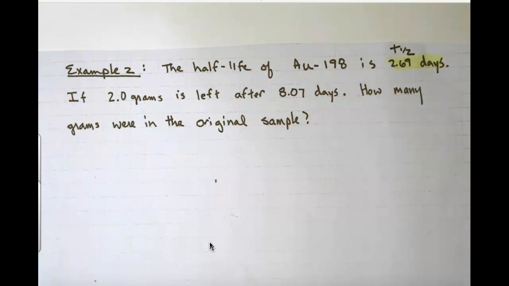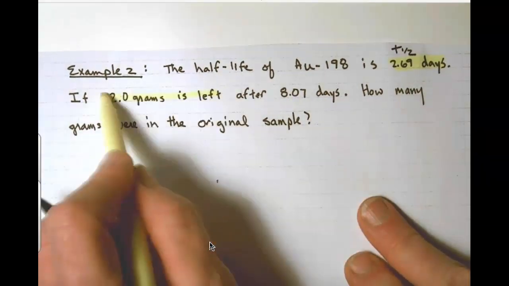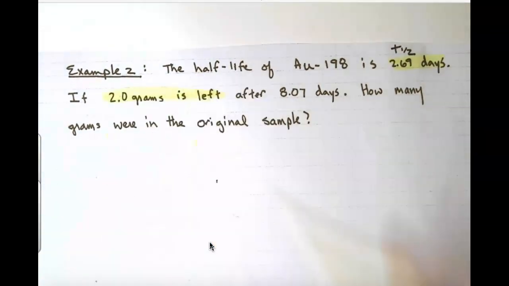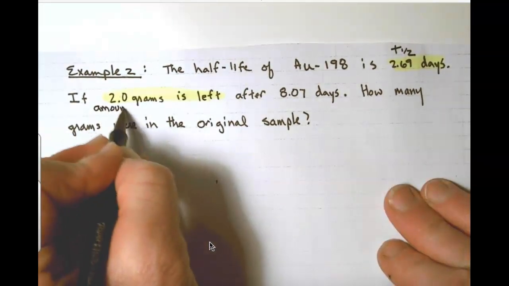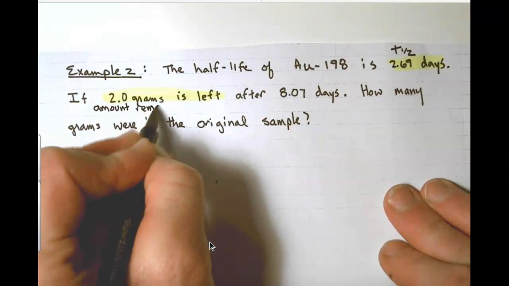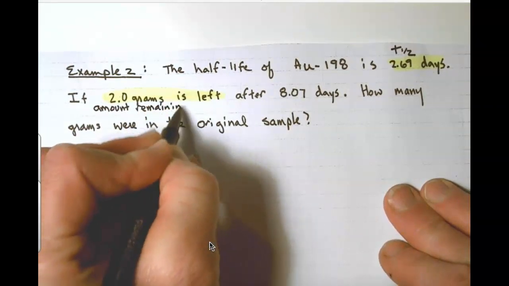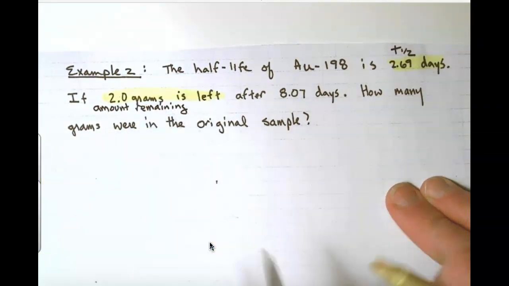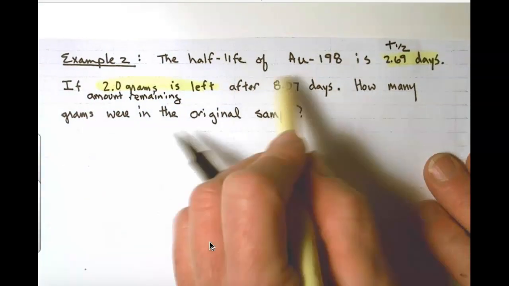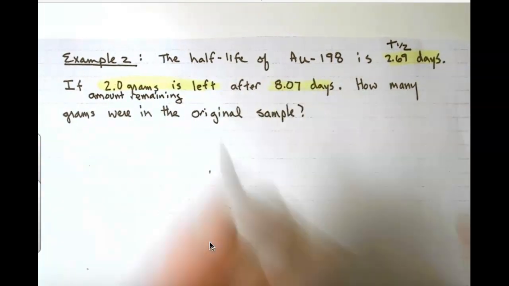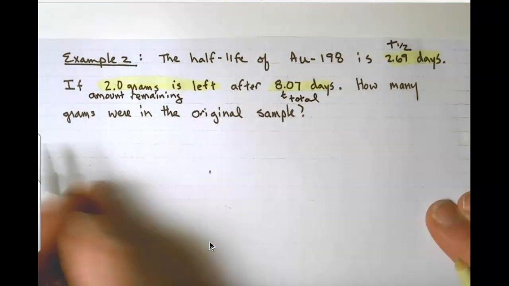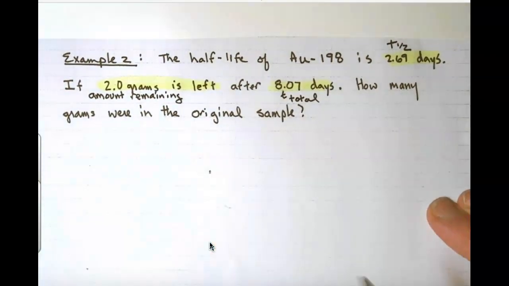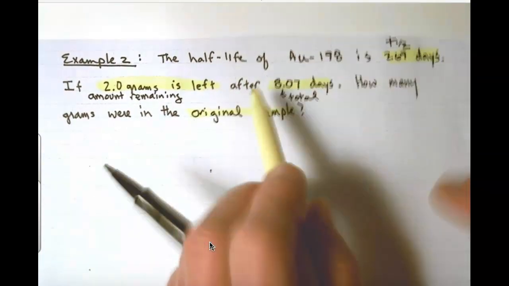If 2 grams is left, that means this 2 grams is our amount remaining. That is what is left after a certain amount of time, which would be our T total. How many grams were in the original sample? So this time we're looking for the original sample.